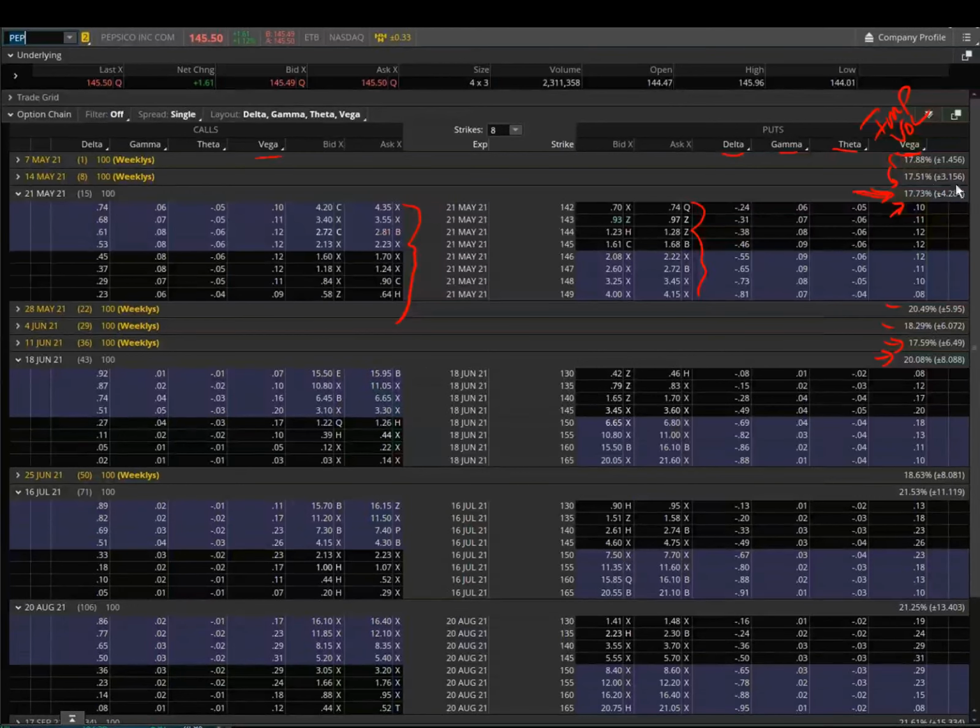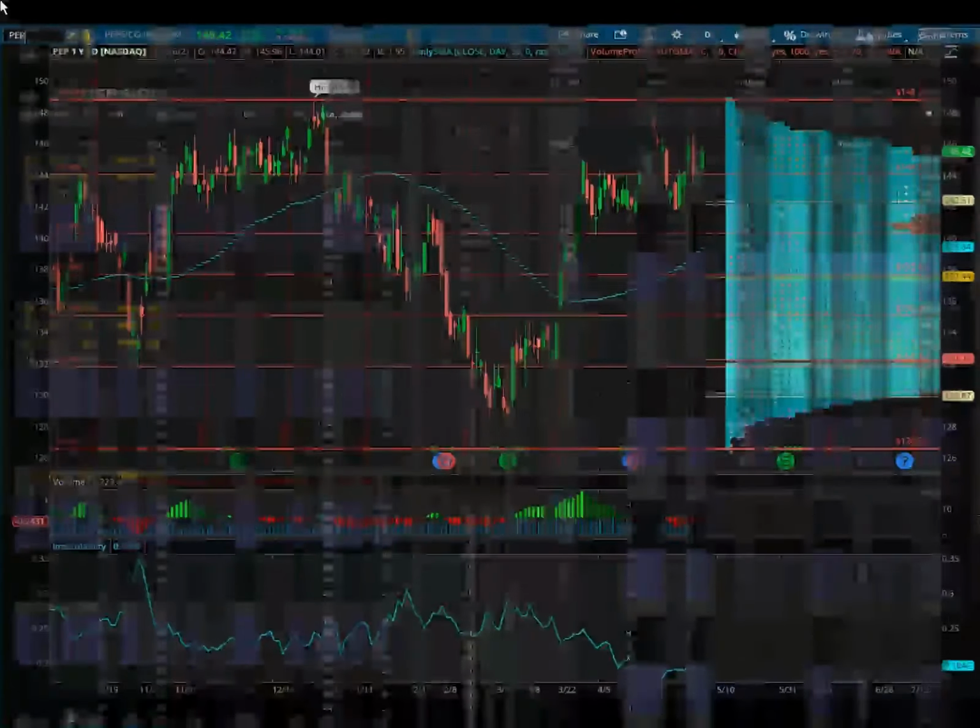We have to find out what this number is, this 20, because it's a spot month. Usually, if the spot month is right around 35 days to expiration, that's where the most people are trading, so it's usually going to correlate closest to that number. So we've got about a 20 here, and we need to figure out if 20 is high or low for Pepsi.